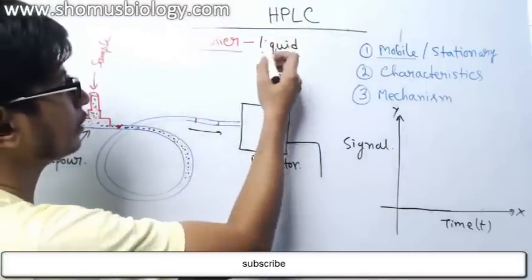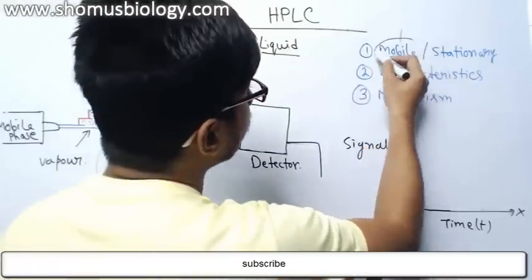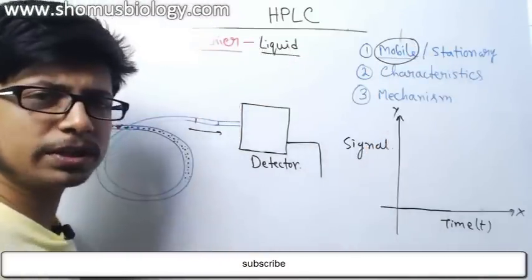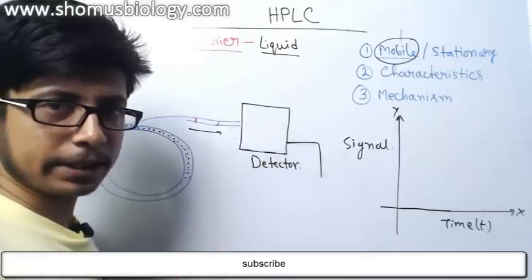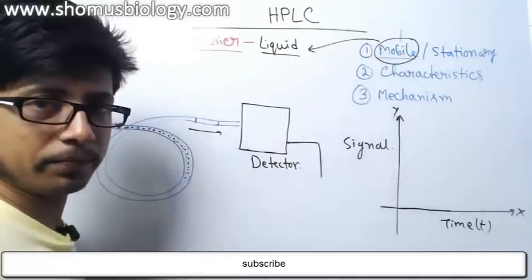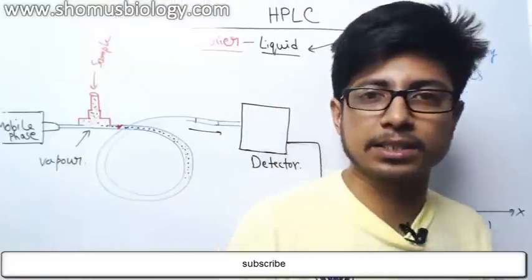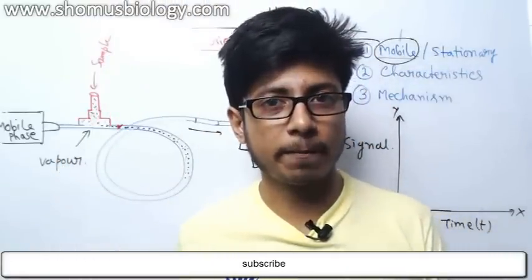But in liquid chromatography, the carrier is a liquid. The mobile phase for HPLC is also liquid, because the liquid is carrying all the dissolved substances that we want to separate from each other.